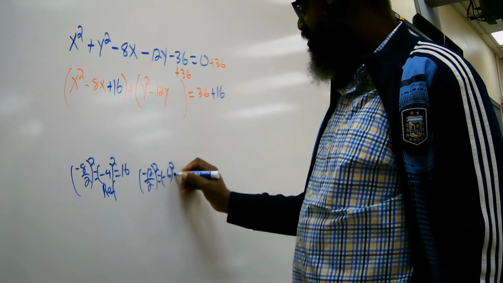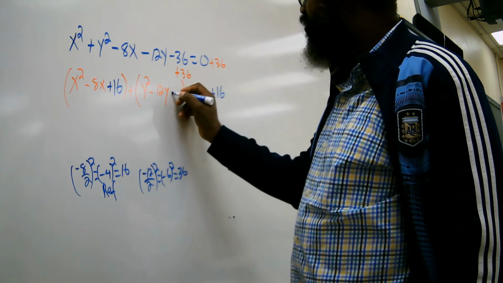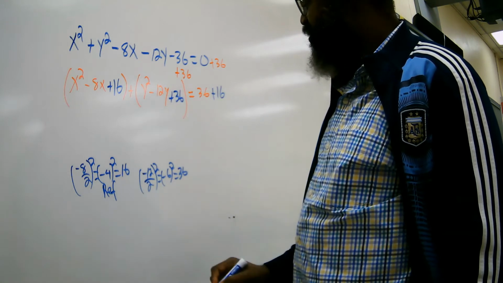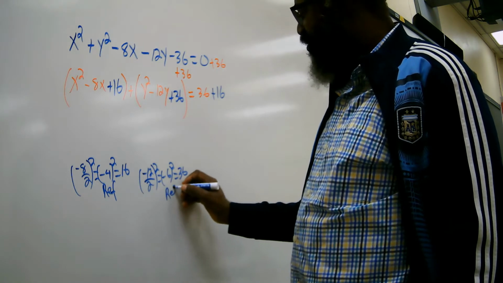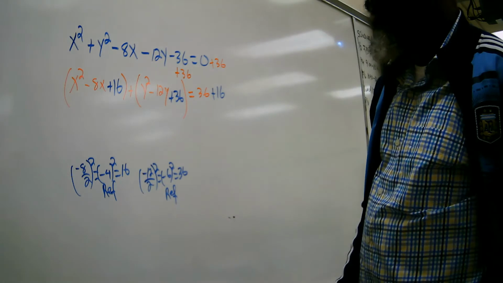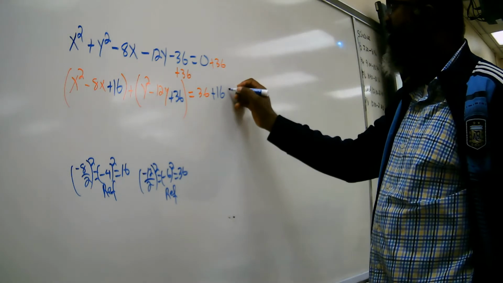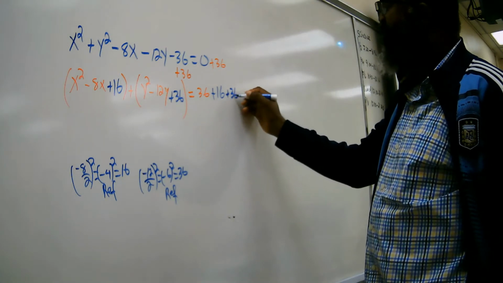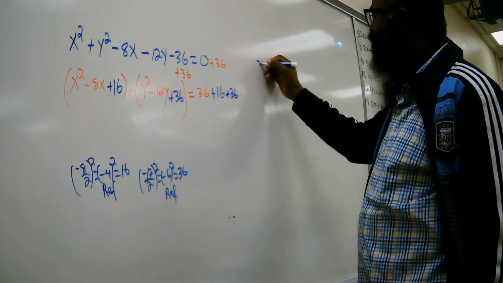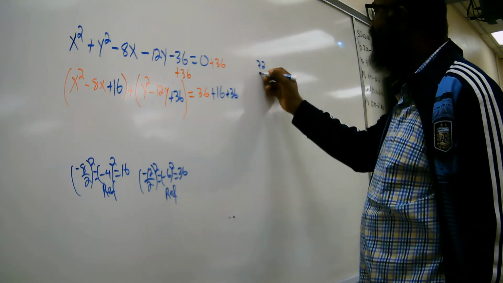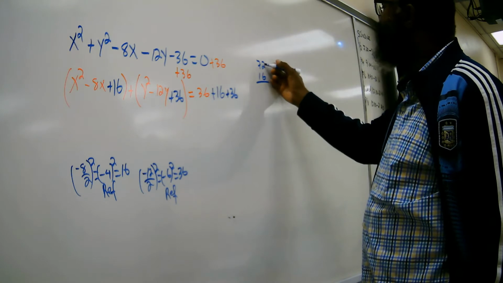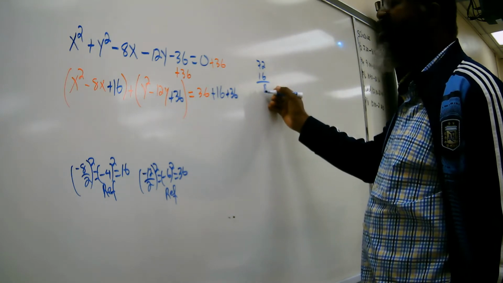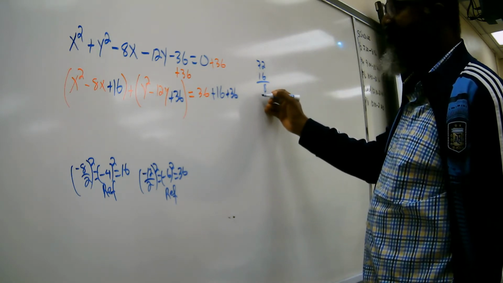When you square negative 6, that will become 36, and you add 36 here. Then this will be your reference also. When you add 36 on that side, you add 36 on this side also. You will have 36 plus 36, that will be 72. 72 plus 16, that will be about 84.